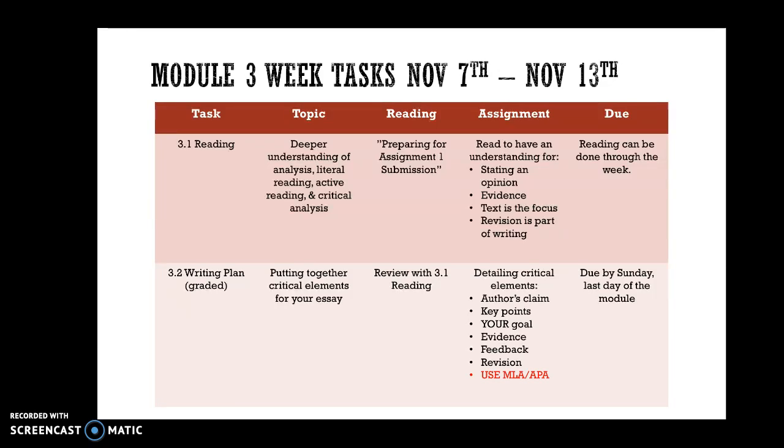And the detailing critical elements are the author's claim, key points, your goal, evidence, feedback, and revision. And I would ask that you continue to try to use MLA or APA with this assignment. And this assignment is due by Sunday, the last day of the module.